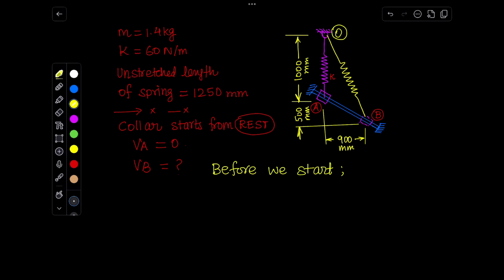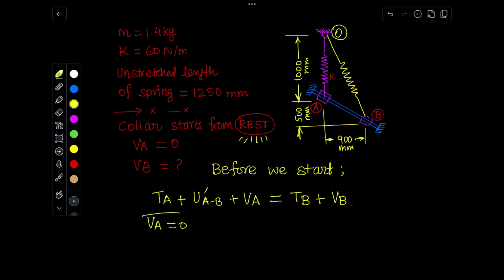So let's write the formula for work and energy. We can write the kinetic energy at position A plus the work done from A to B and the work by a spring or elastic is equal to the kinetic energy at position B plus the spring work at position B.